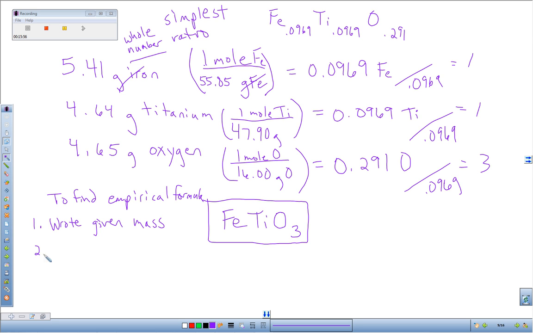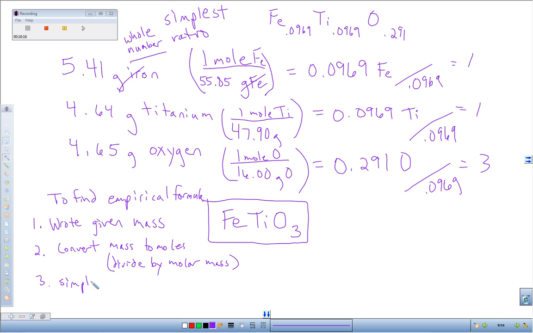We converted mass to moles. How did we do that? Divide by molar mass. What was our next step? Simplify by, what was our first thing when we simplified?